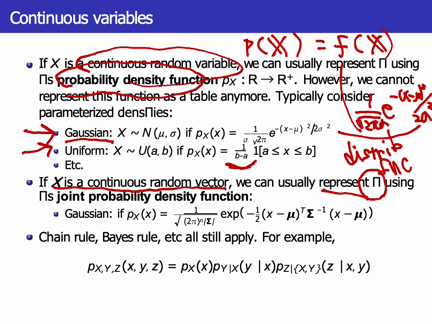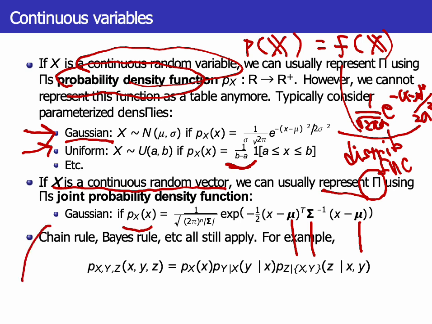For example, for p(x), you get multiplications. So these are vector functions: x is a vector, sigma is a vector, and the mean is a vector here.